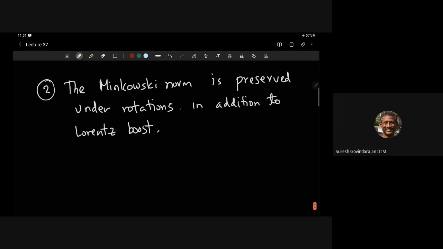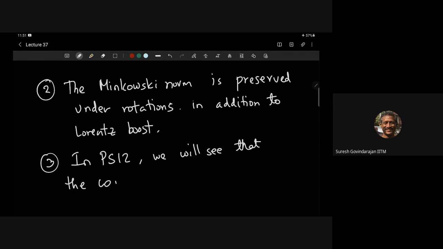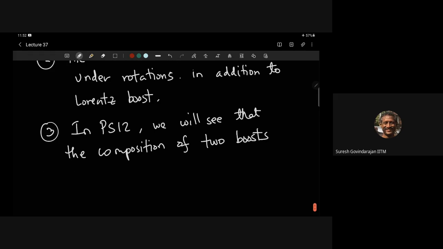Okay. So in problem set 12, we will see something interesting. We will see that the composition of two boosts is not another boost.